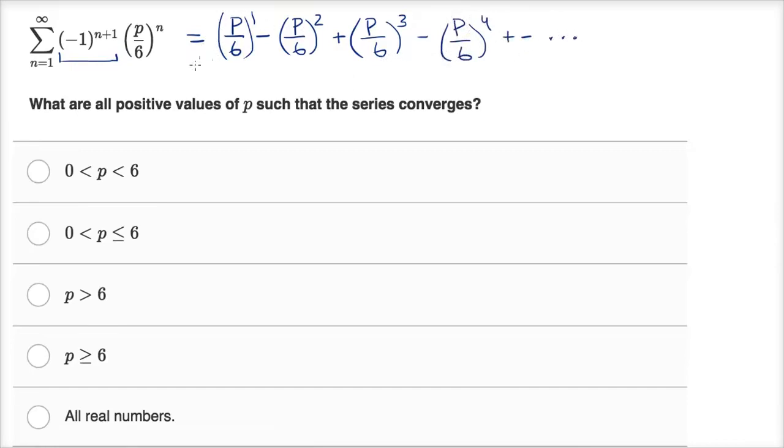So this is a classic alternating series right over here, and so we can apply our alternating series test.